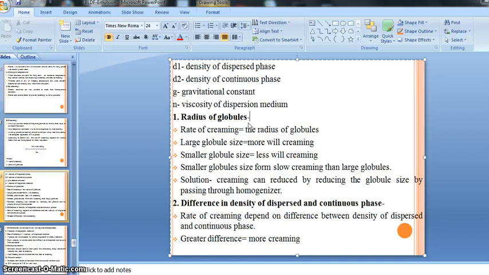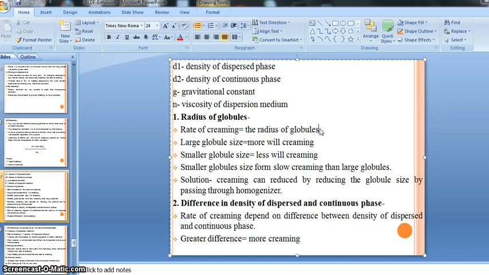The radius depends on the size of our globules. So let's see the rate of creaming. The rate of creaming is directly proportional to the radius of our globules. If the radius of our globules increases, ultimately the rate of creaming, or percent of creaming, will increase, right?